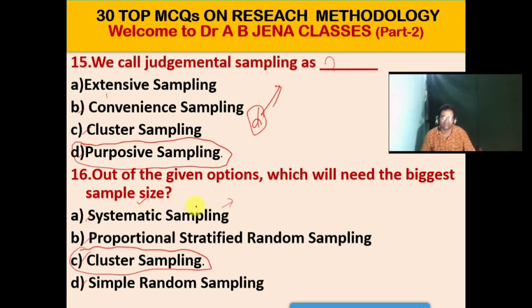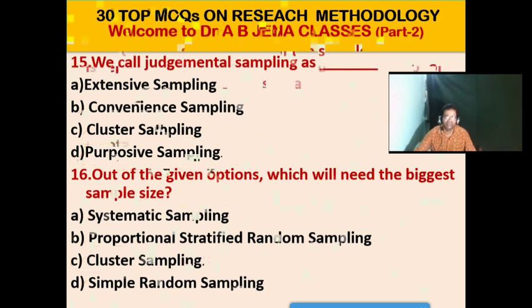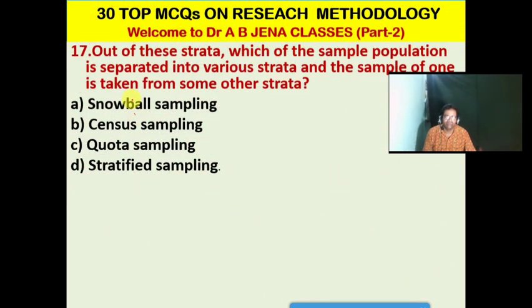So next one MCQ, out of these, in which sampling is the population separated into various strata and the sample is taken from some other strata? A, it's snowball sampling, B, it's census sampling, C, it's quota sampling, D, it's stratified sampling.